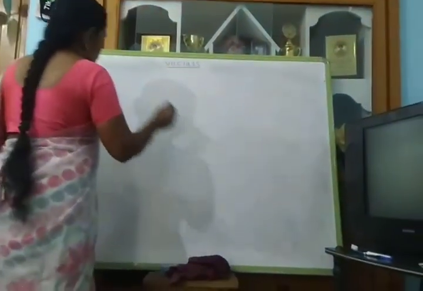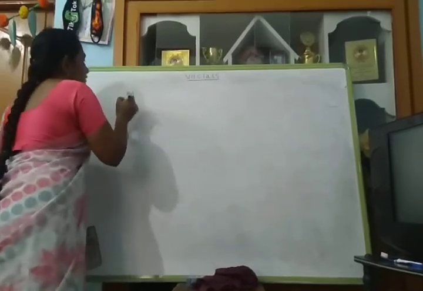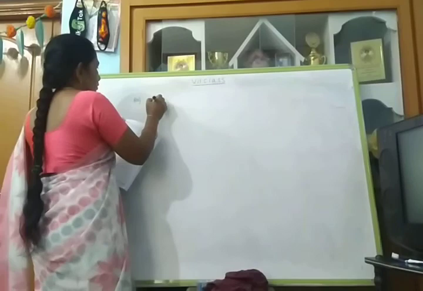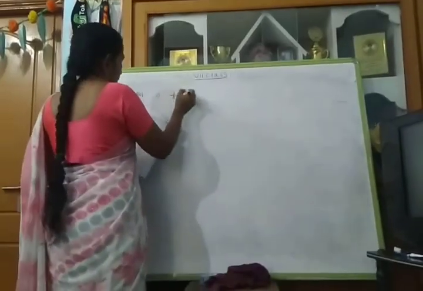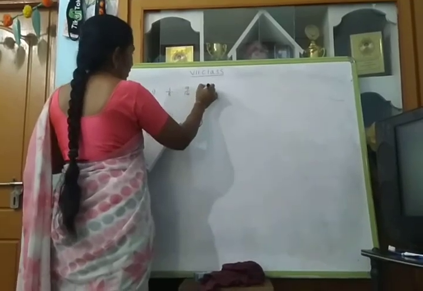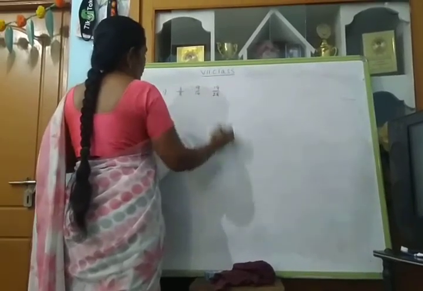Next, question number 80. Look at question number 80: 3 by 8, 9 by 14, 19 by 28.